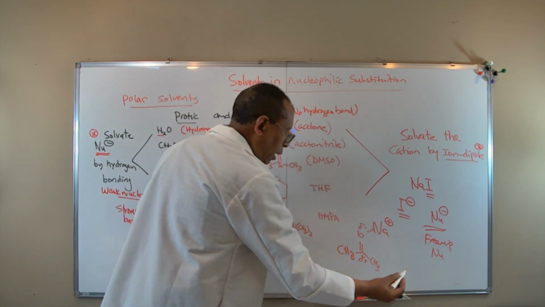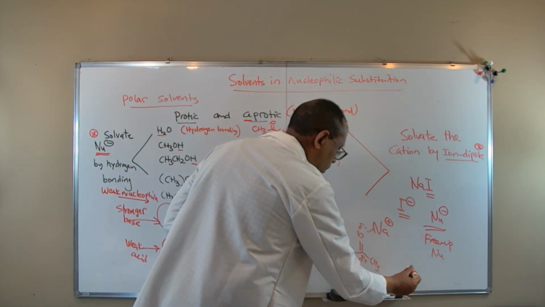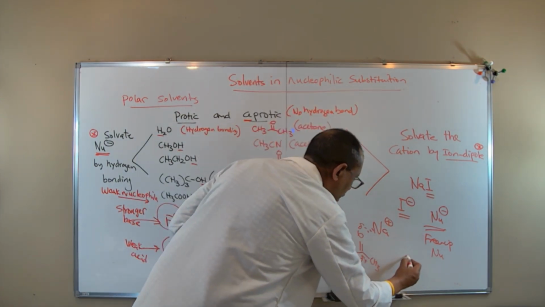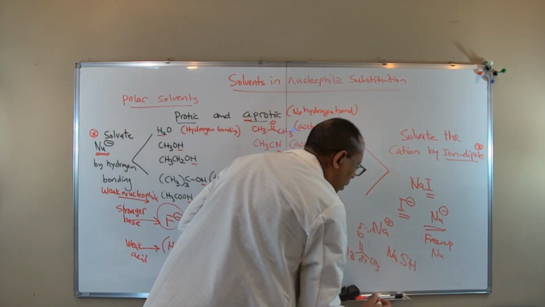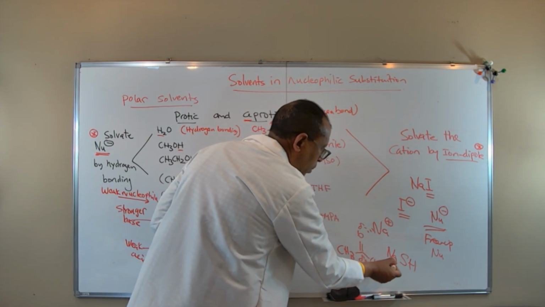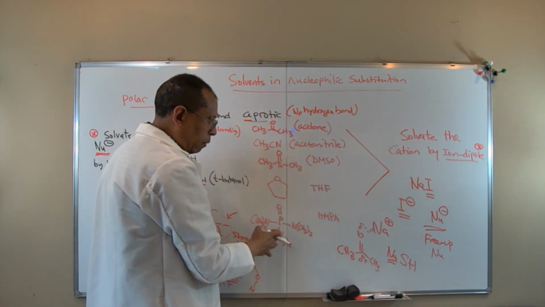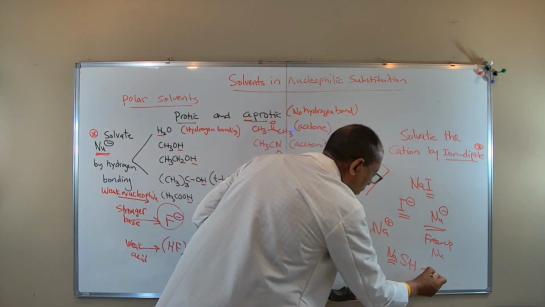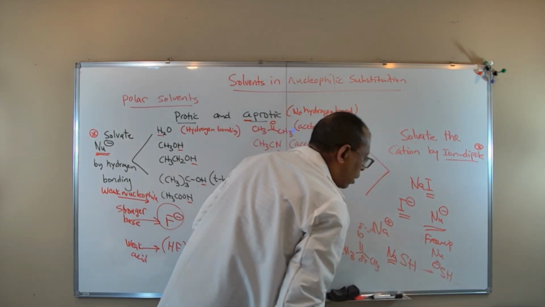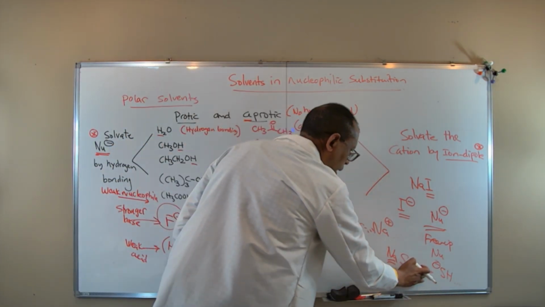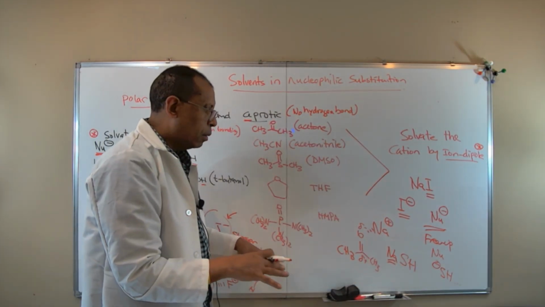So if you have, for example, sodium SH, this sodium would be trapped by the aprotic solvent, making the SH minus more nucleophilic. The negative ion would be free.